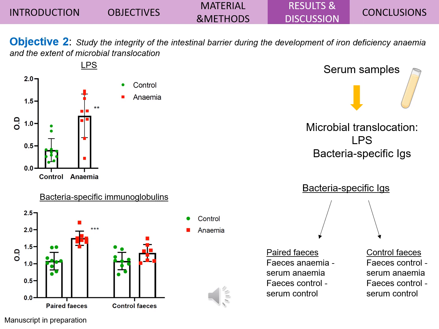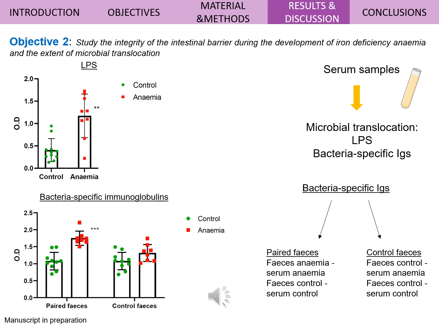So lastly, to study microbial translocation, we used serum samples and we determined two biomarkers, LPS and bacteria-specific immunoglobulins. In the case of LPS, we obtained higher values in the serum belonging to the anemic group, confirming an increased microbial translocation. In the case of bacteria-specific immunoglobulins, we used two experimental designs.